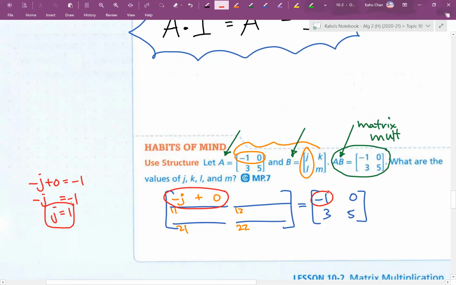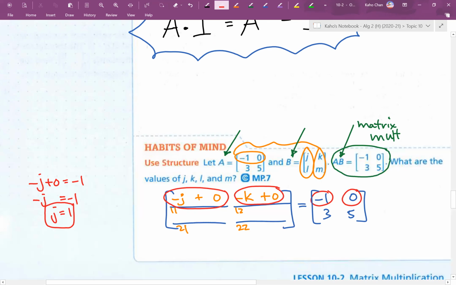Okay. Row 1, column 2. Here we go. Let's do this one. It'll be -1 times K plus 0 times M. Nice. This one equals this part over there.